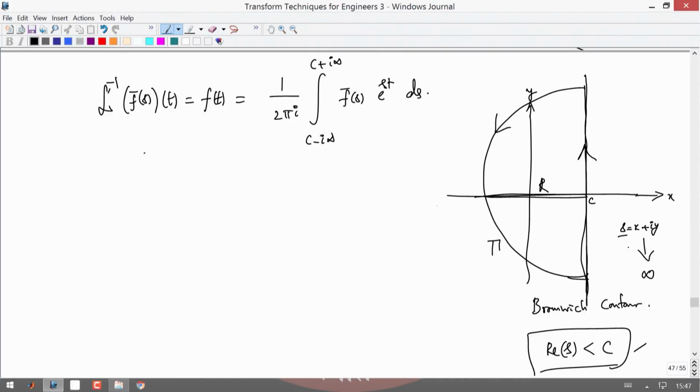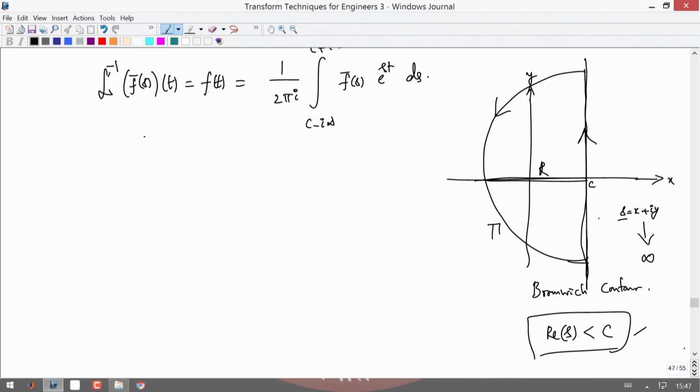Now, the Cauchy residue theorem tells you that the contour integration over this plus this, 1 by 2 pi I times the integral over gamma of the complex valued function f bar of s e power s t ds, is equal to the sum of all residues.